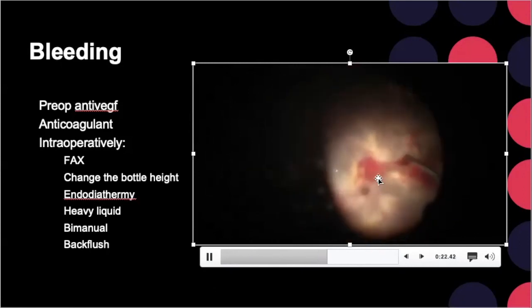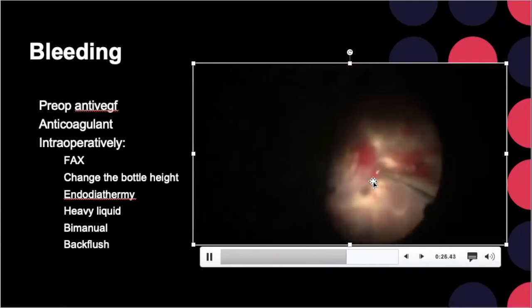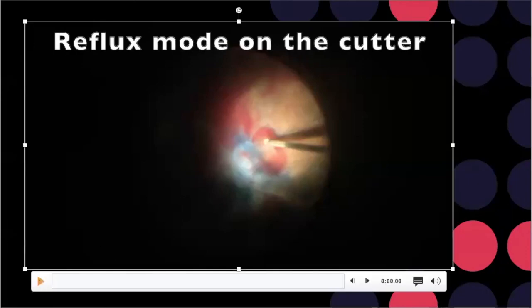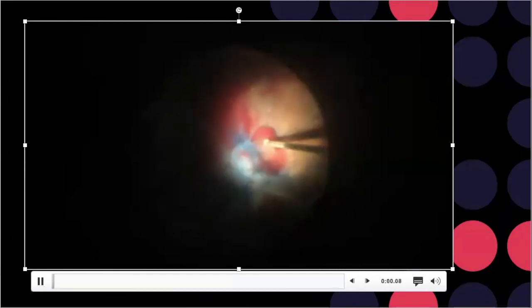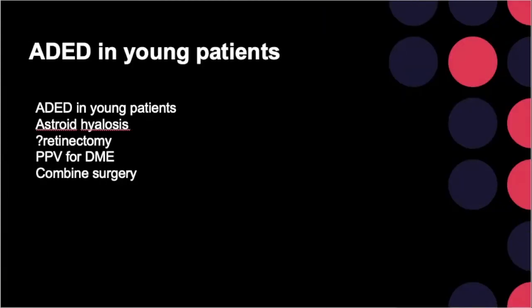Once everything is clotted up, then we slowly remove the blood clot. Another nice way is we can use the reflux mode. I tend to see this reflux as very gentle. You can do it for very mild kinds of bleeding.